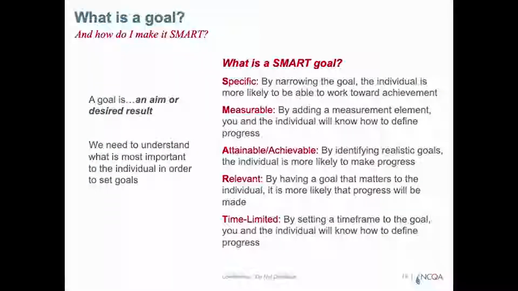So we started off by talking about what's a goal and sharing some of our goals, but when we say goal, we really mean an aim or a desired result. And I think you'll find, if we were all asked at the beginning to think about a goal that you set for yourself and that you met, your mind immediately goes to these lofty life goals, like when I sat down to write my dissertation.